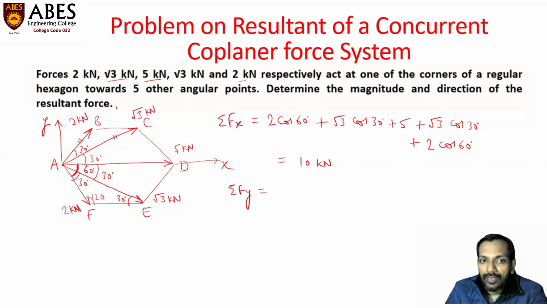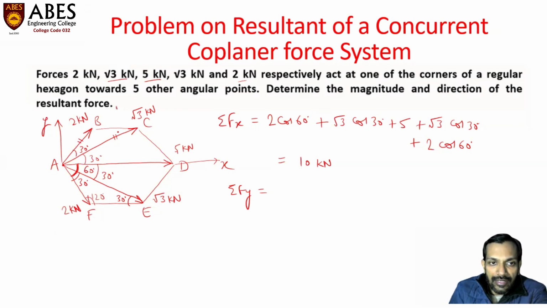There will be no vertical component of this horizontal force, 5 kilonewton. It's purely horizontal, so there is no vertical component. The vertical component of this force, under root 3 kilonewton, will be in the downward direction, so it will be considered as negative. And the vertical component of this force, 2 kilonewton, will also act in the downward direction, so it will be considered as negative once again.